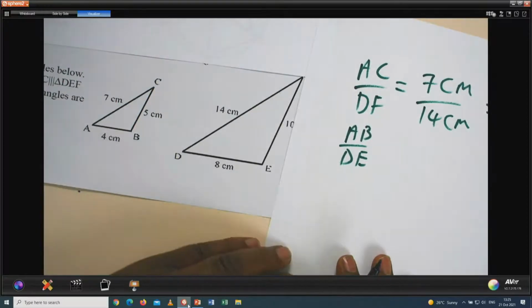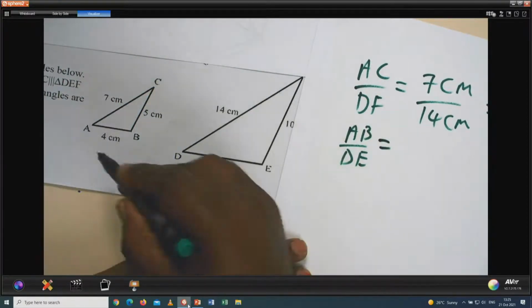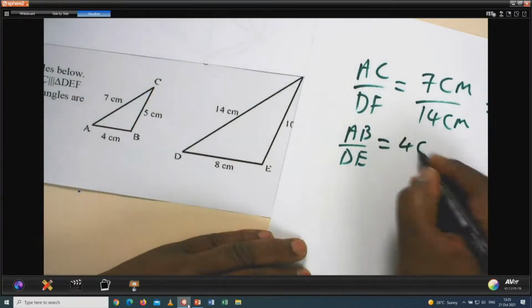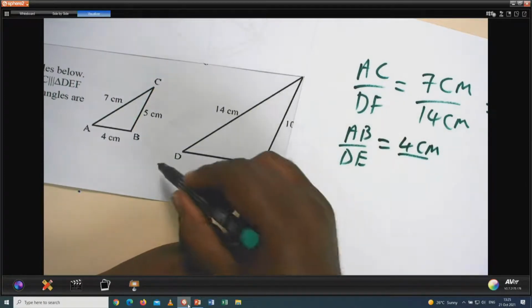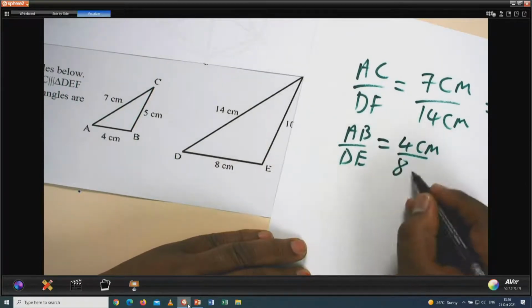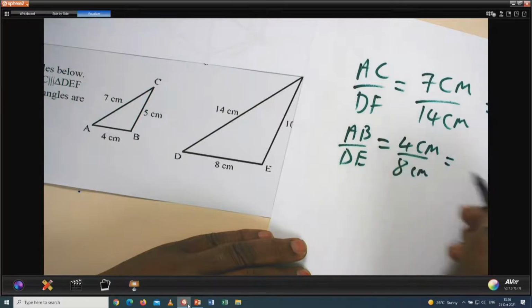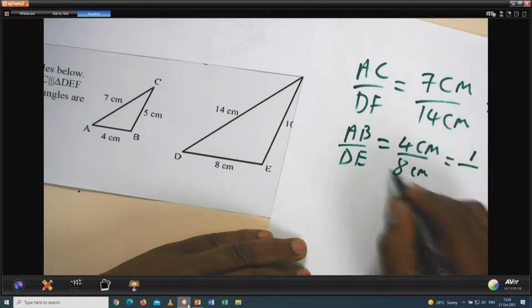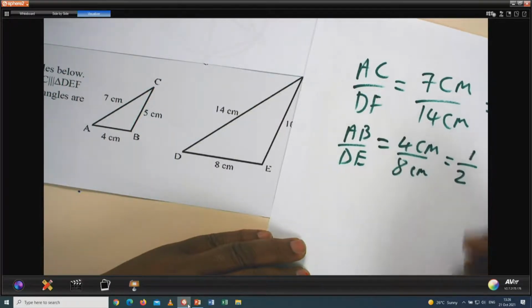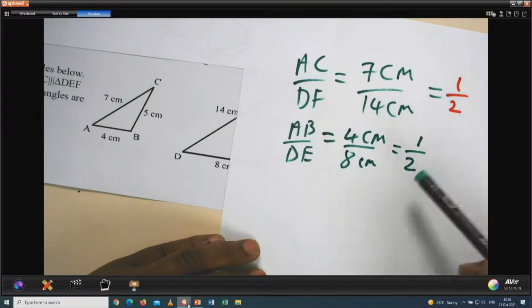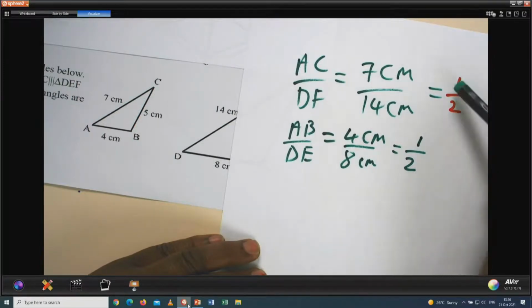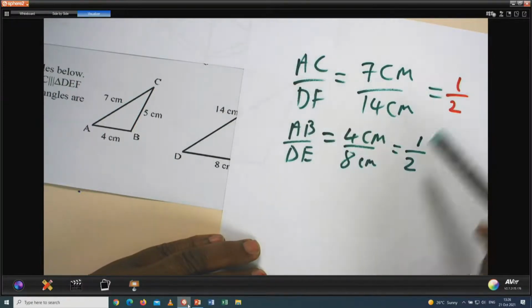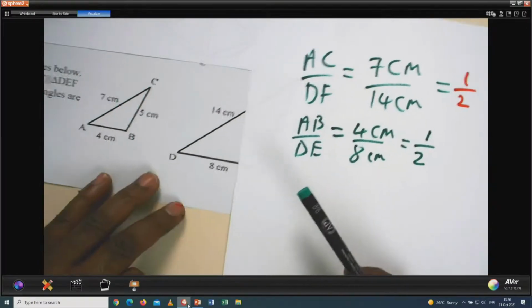What is AB equal to? 4 centimeters. What is DE equal to? 8 centimeters. How many 4s in 4? 1. How many 4s in 8? 2. You see now, they give the same ratio.